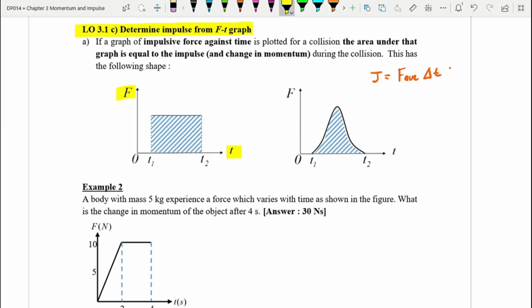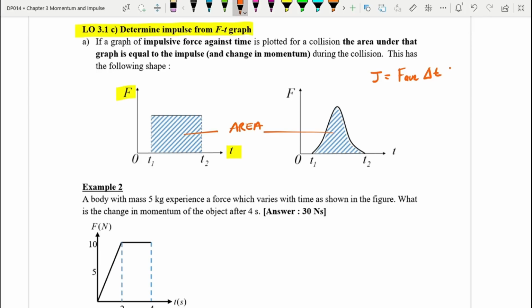As long as the y-axis is F and the x-axis is T, we just calculate the area. Then we get the value of the impulse for that situation.